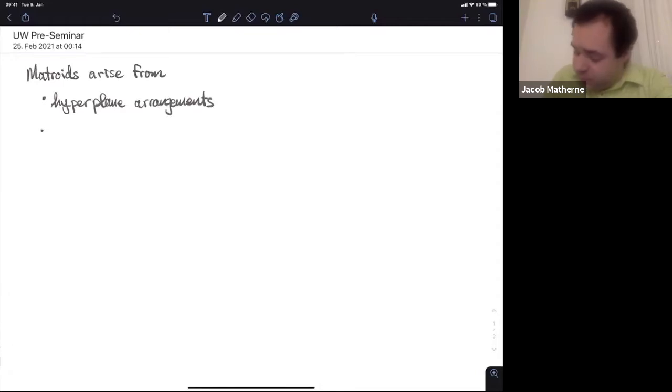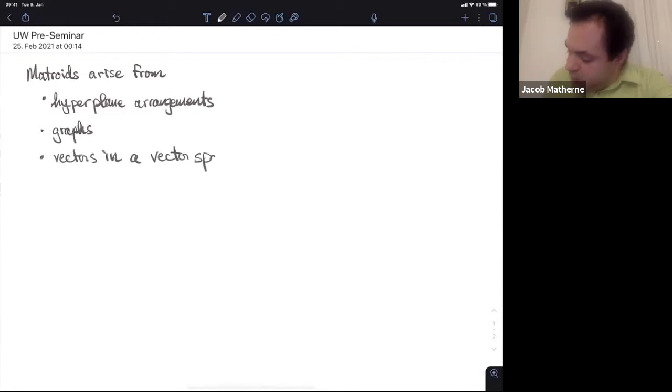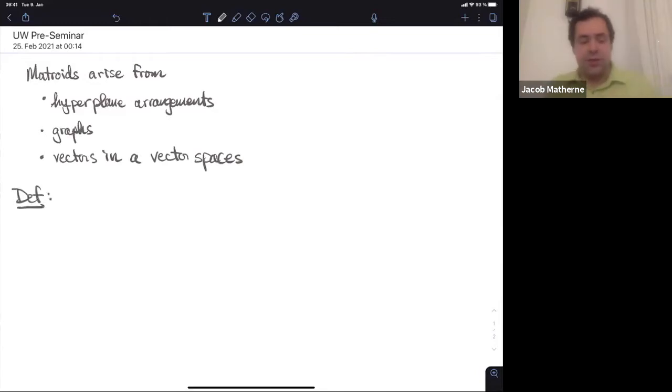But they also come from graphs, and the definition is inspired by vectors in a vector space. All of these different settings have some notion of independence or dependence, and the idea of a matroid captures this independence or dependence in all of these different settings. Okay, so let me give you the definition of a matroid that I want to use.